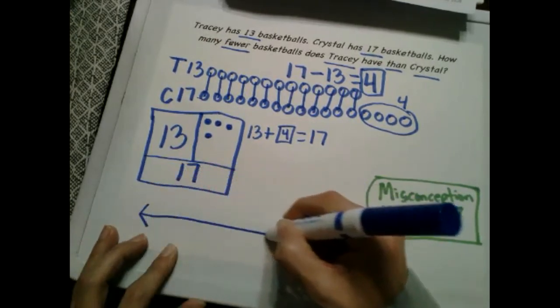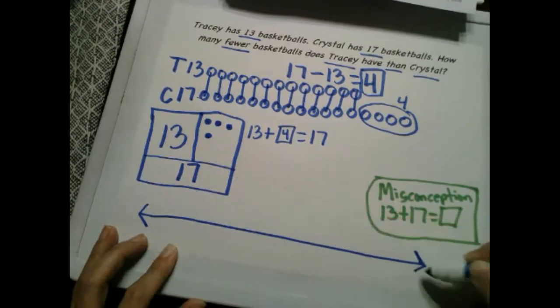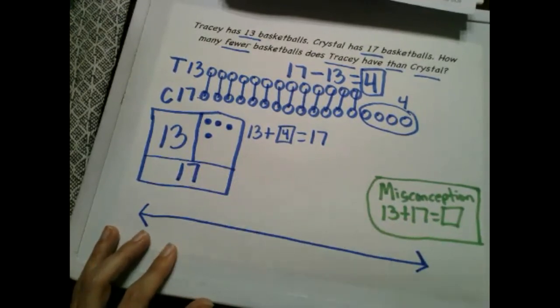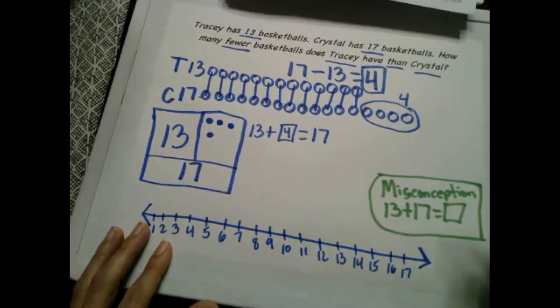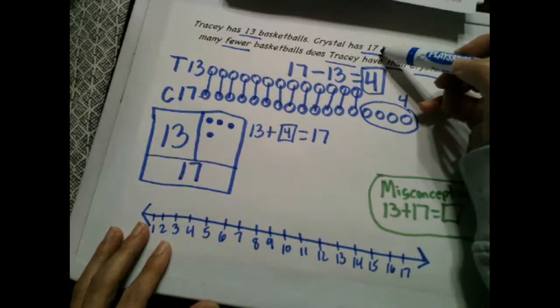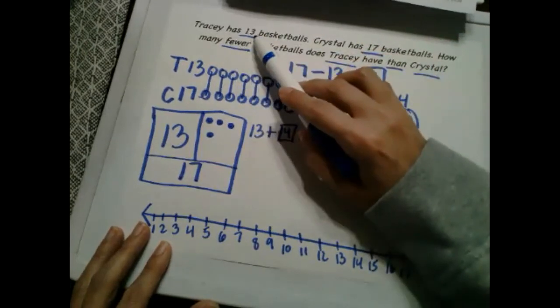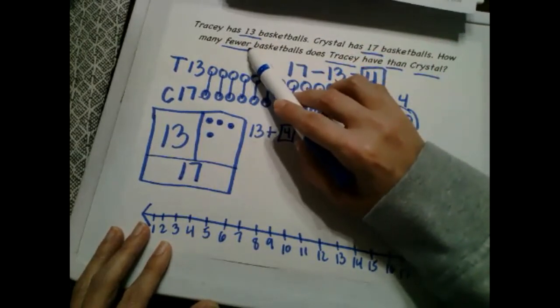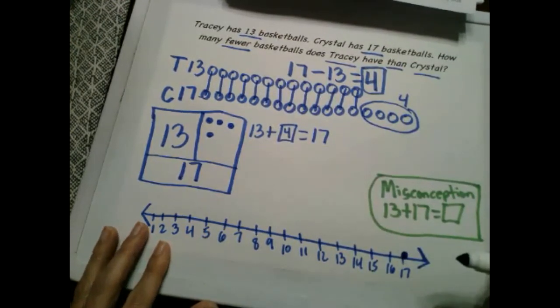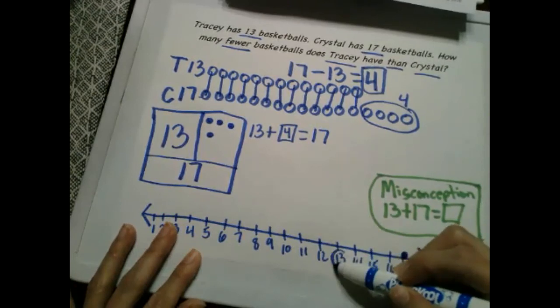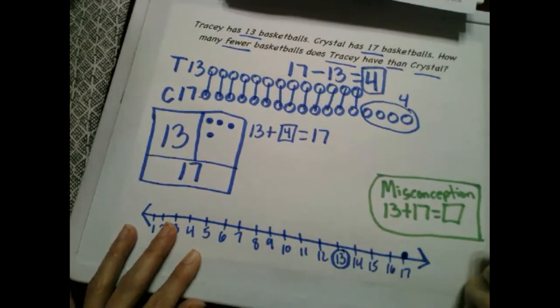Someone used my favorite, which is a number line. If we were using a number line, I know that Crystal has 17, Tracy has 13. I want to know how many fewer Tracy has. So I'm going to start at 17 and I'm going to end at 13.